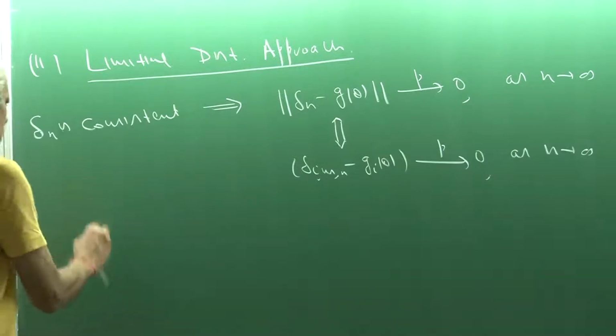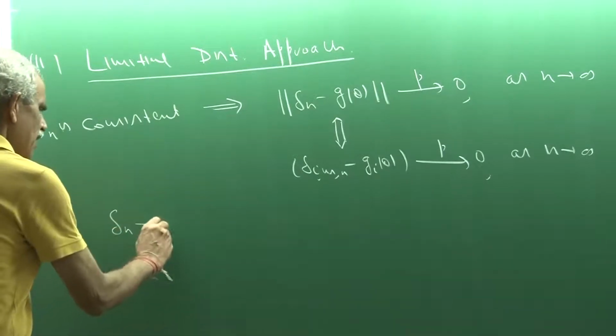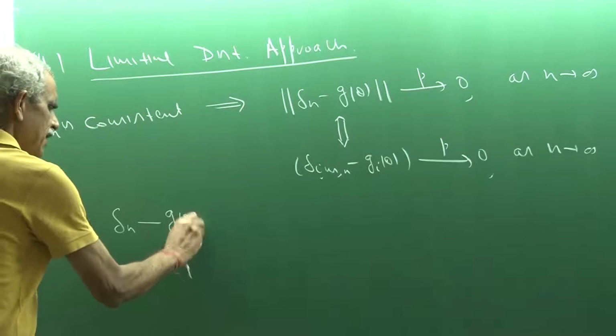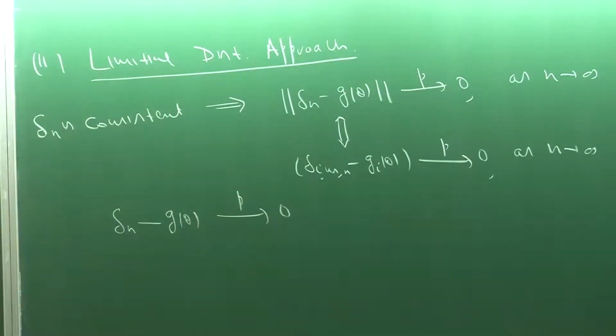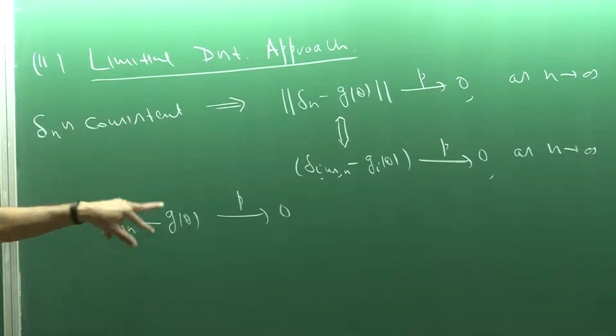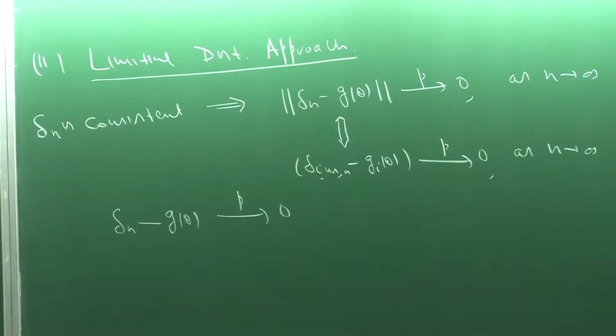So consistent, in the real line, means delta n minus g theta goes in probability to 0. So in some way, the distance between delta n and g theta is becoming smaller and smaller as n becomes large.